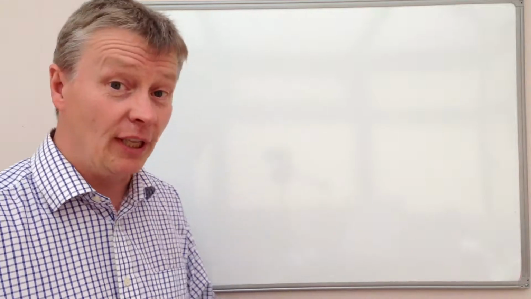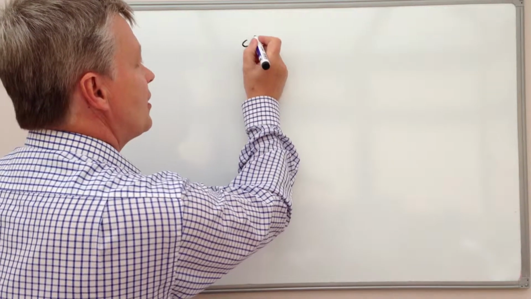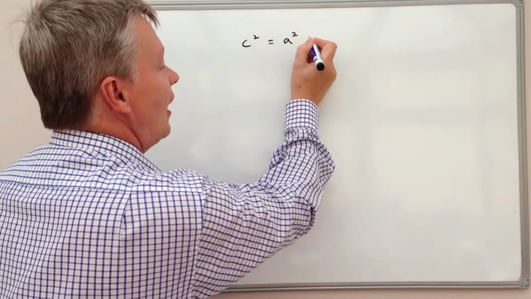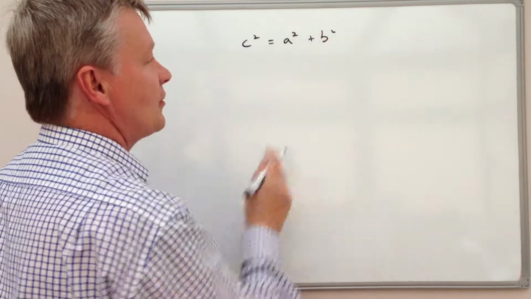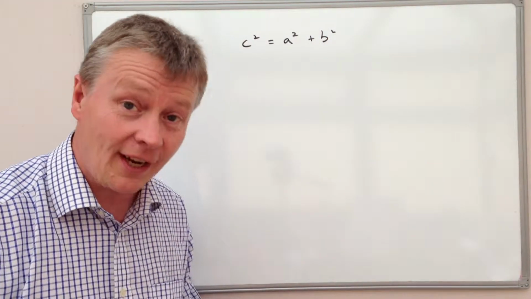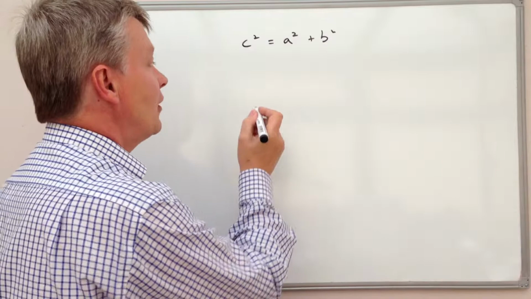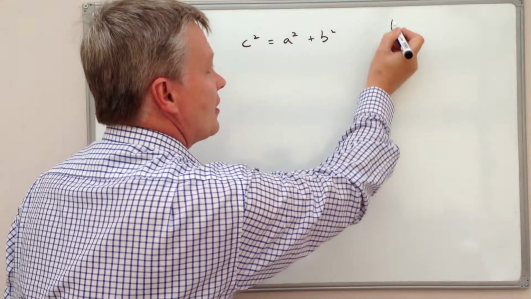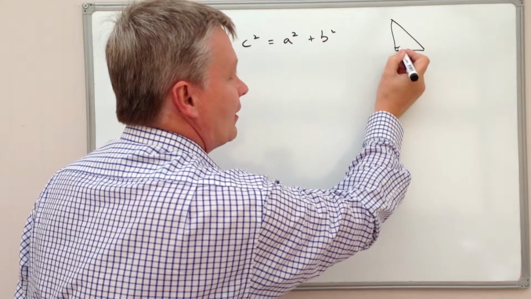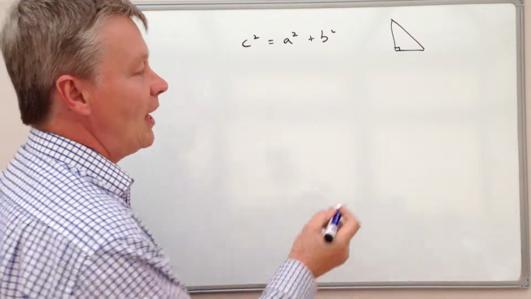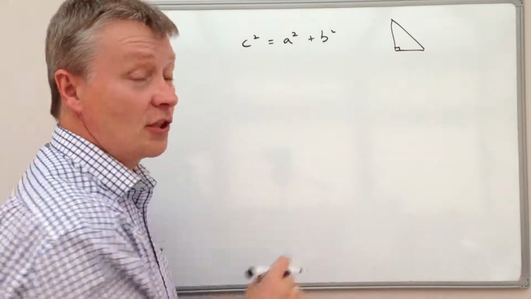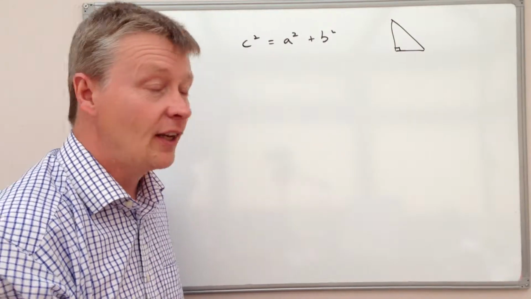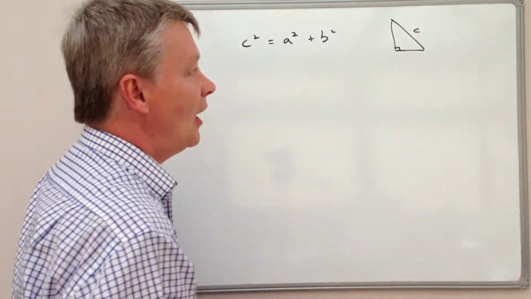Most people are familiar with the idea that c squared equals a squared plus b squared, and that refers to a right angle triangle. So we've got something like this. It has to be a right angle triangle, and the hypotenuse, which is the longest side along here, is normally called c.